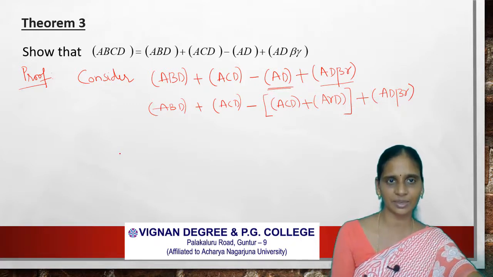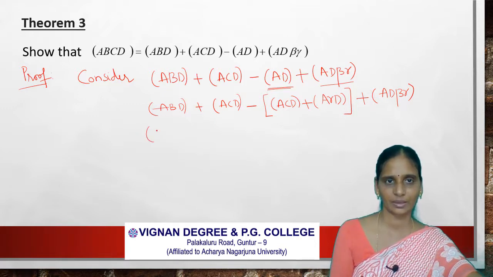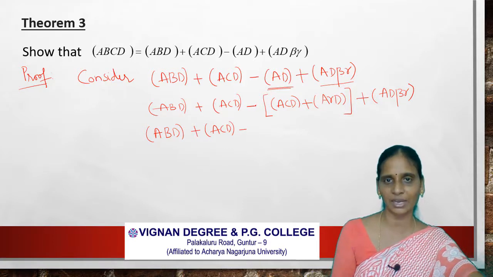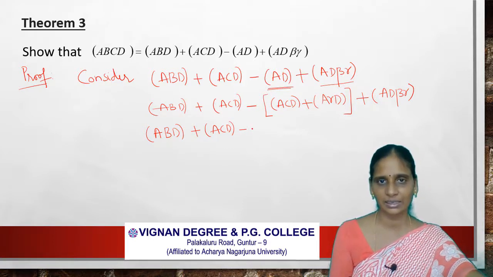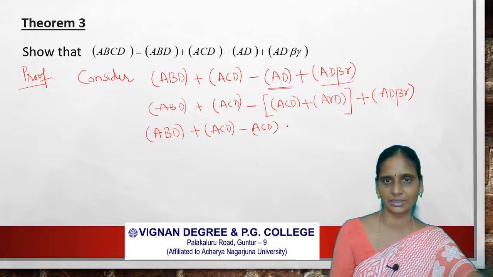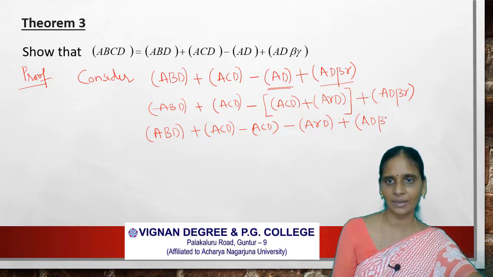And in the next step, frequency of ABD plus frequency of ACD, minus, you have to multiply, minus frequency of ACD, minus into plus, that is minus frequency of A gamma D, plus frequency of AD beta gamma.